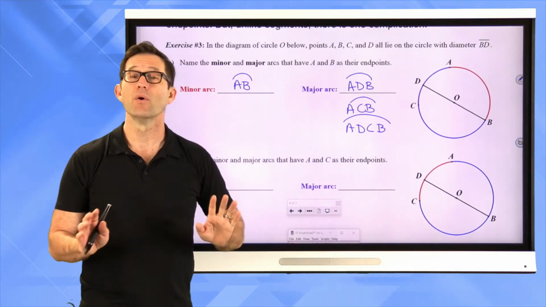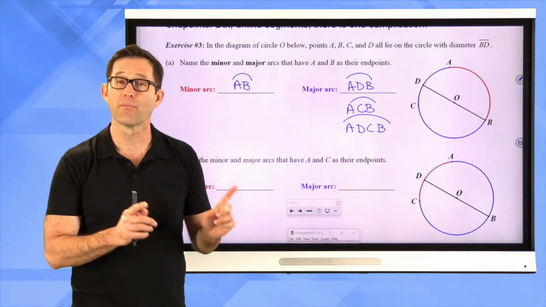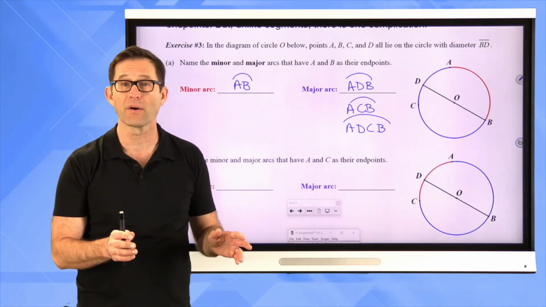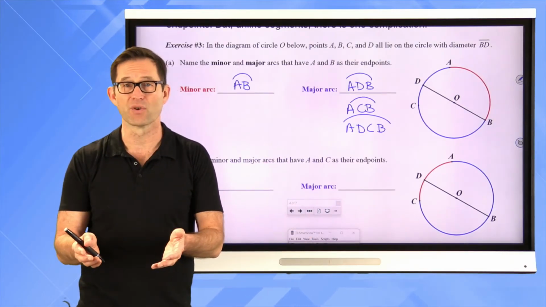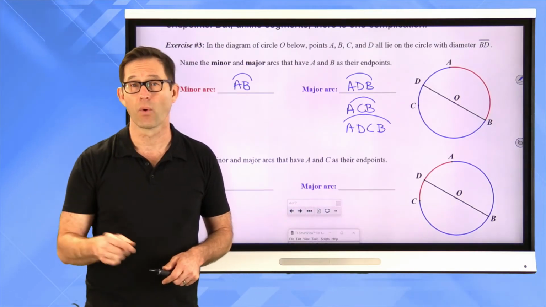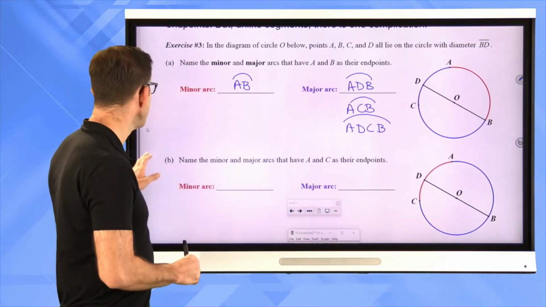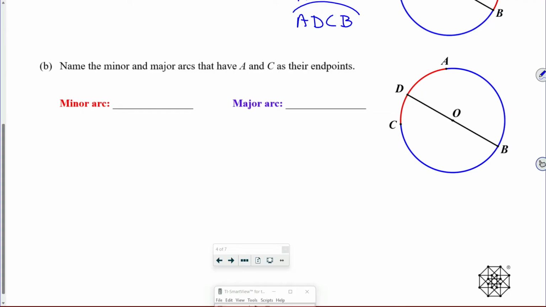All right, so it doesn't really matter which letter comes first and which letter comes last, but the important thing about minor and major arcs is that whole less than half the circle, more than half the circle. Minor arcs are less than half the circle, major arcs are more. All right, simple enough.